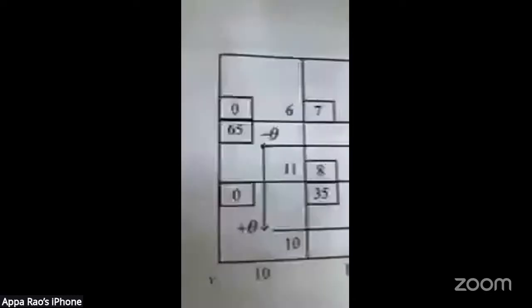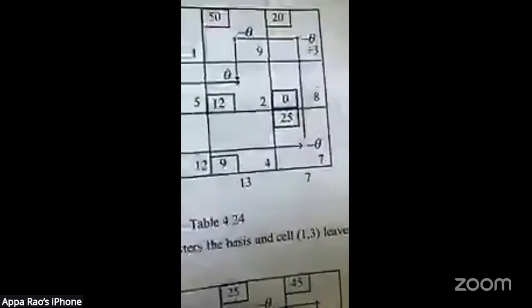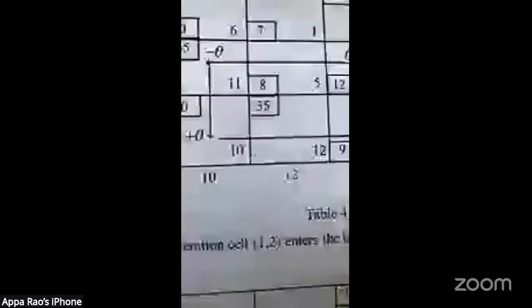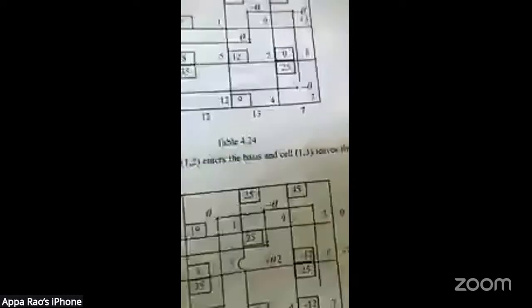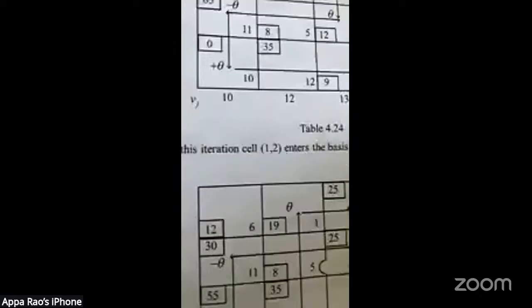So what is the table here? 0, theta, 6, 7, 1, 50, 20, minus theta, theta, 5, 12, 2, 0, then 10, 12, 4, 7. So 10, 12, 13, 7.